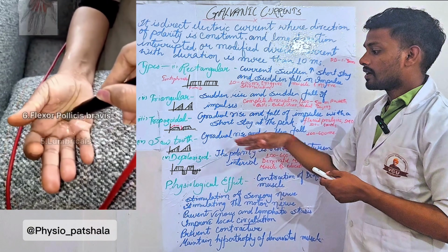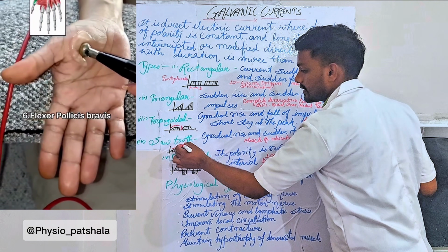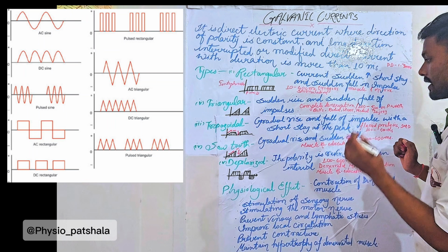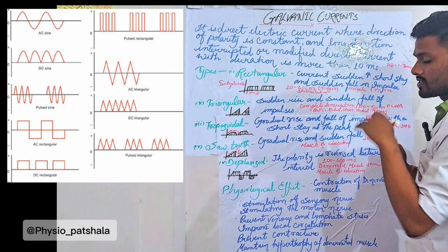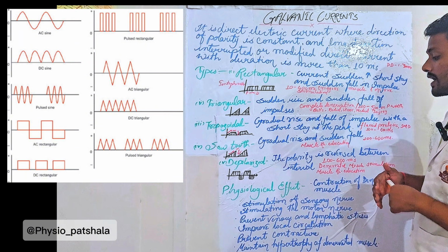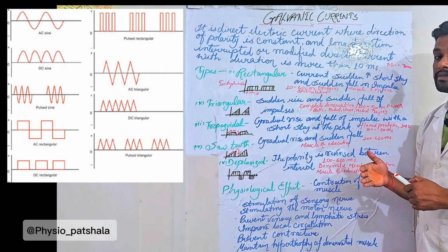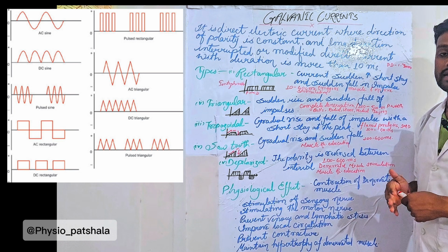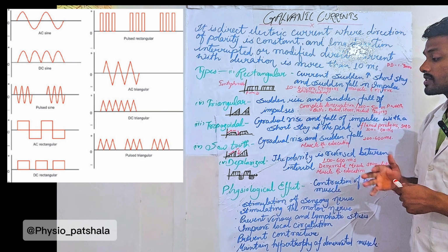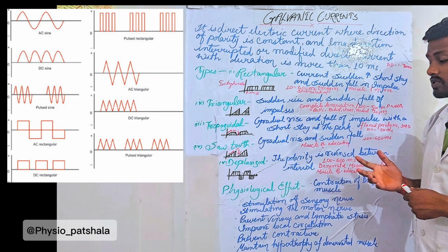The fourth one is the sawtooth kind of galvanic current. It shows a gradual increase and a sudden decrease without staying at the peak, and this gradual increase and sudden fall is induced into our body to facilitate muscle re-education. In clinical and hospital practice, physiotherapists and doctors use the sawtooth galvanic current to treat patients for muscle re-education.